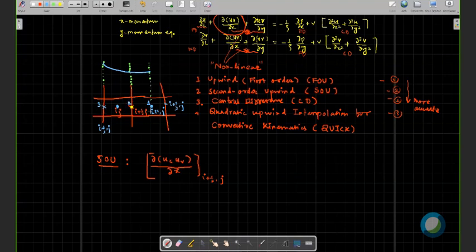To calculate at this, since this is second order, it has to take 2 points only, this point number 1 and point number 2, not the other point. Only 2 points.